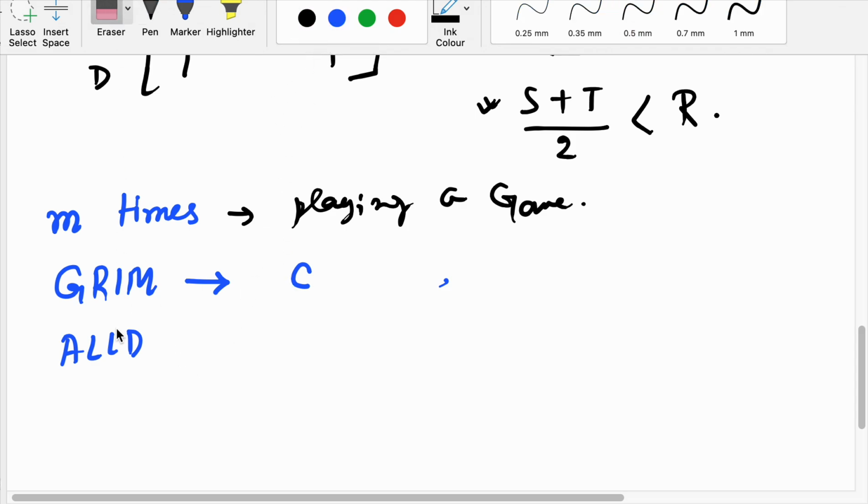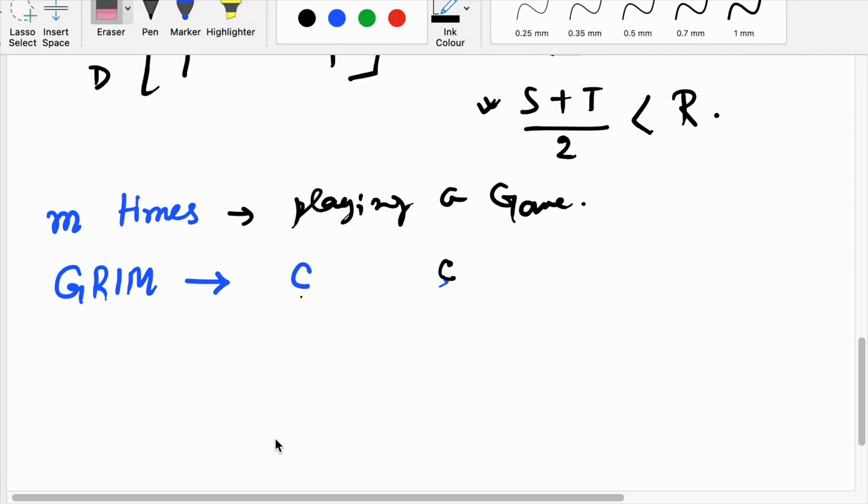Let's see. In the Grim situation, I will cooperate until that point. If my opponent cooperates, I will cooperate.